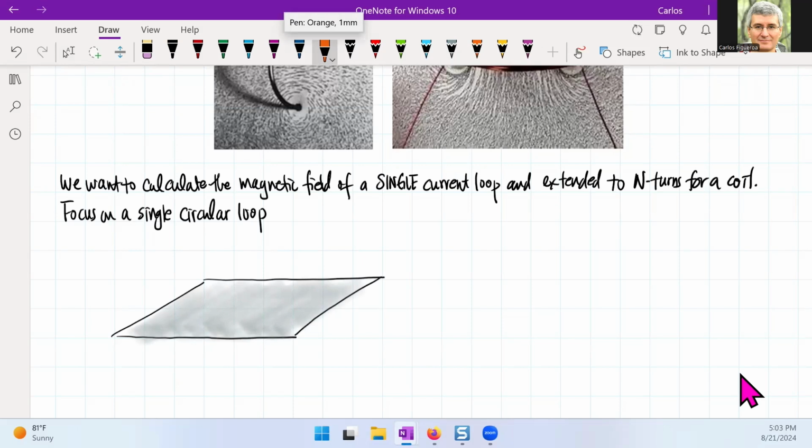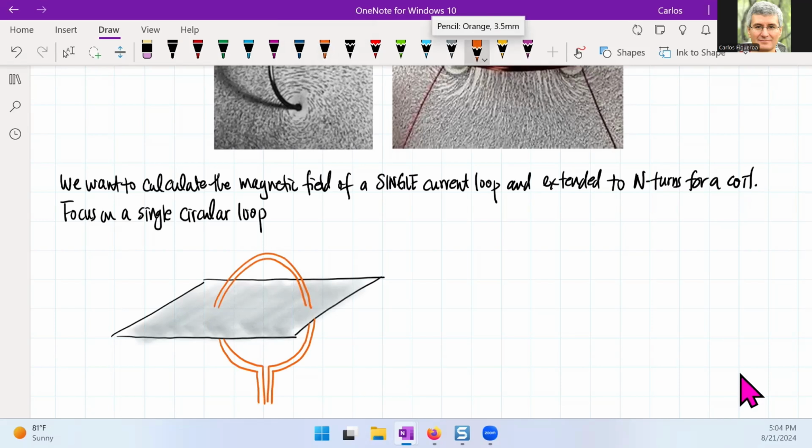If I'm looking at a single loop, I imagine that I'm going to start, let's say, right here. And I'm going to say that this is a circular loop. And of course, this guy is going to continue to come here. And then this is going to look something like this. So now here's the so-called copper wire.